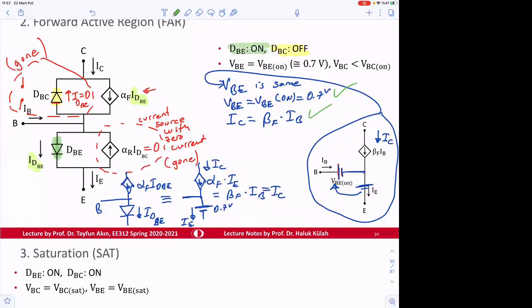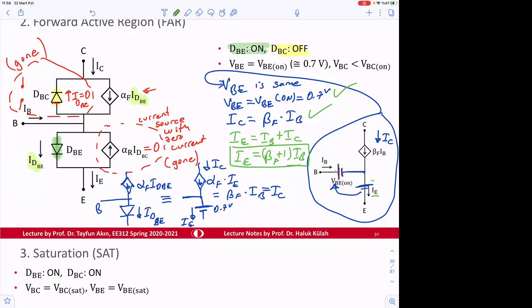What else do I need to be the same? The emitter current, IE, is also equal to IB plus IC, so that's going to be beta F plus 1 times IB. So this IE is also okay. This is why we moved it from here to here.